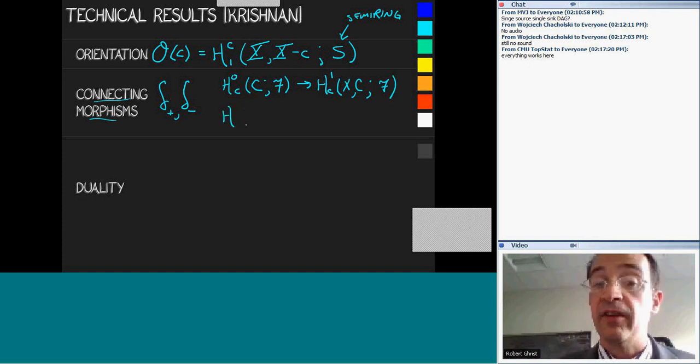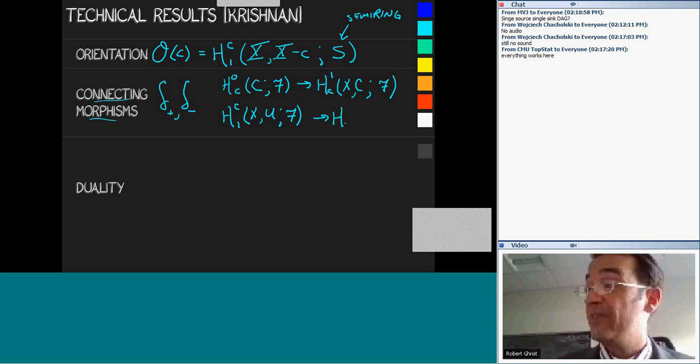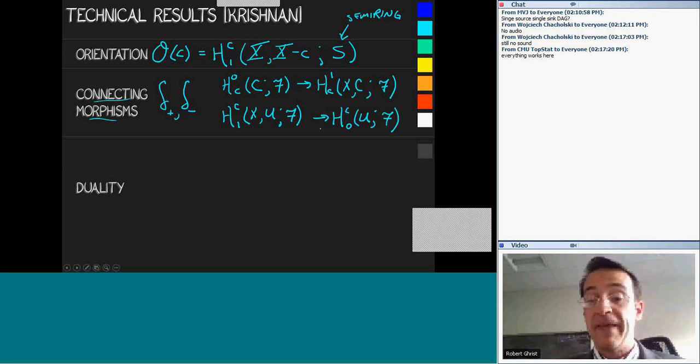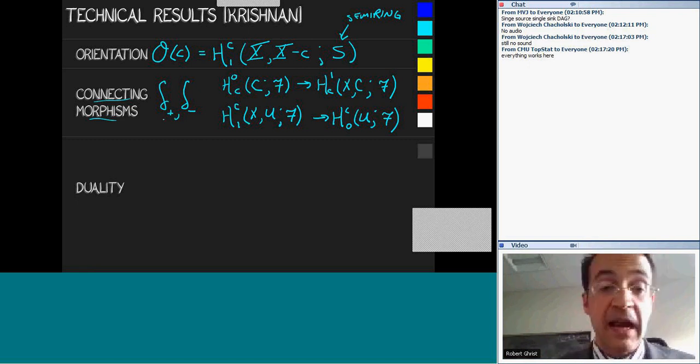There's also a version of a connecting homomorphism on homology, as well as cohomology, that works relative to some open subset U. The new ingredient here is that there's two of them. There's not one of them. There are two, because you have the forward connecting morphism and the backward connecting morphism. That's a little bit of a pain.